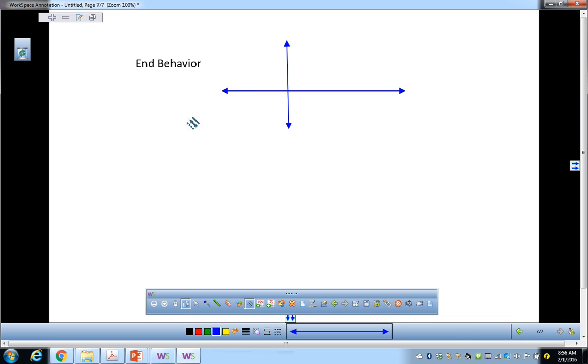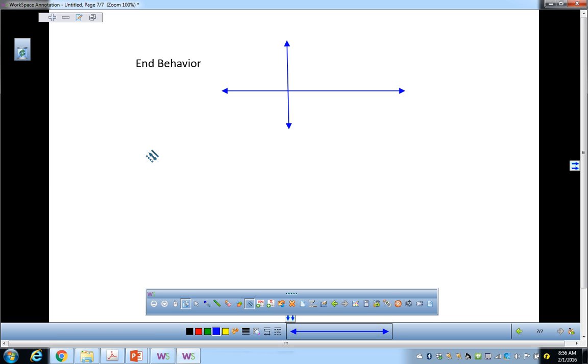It gives you a method for sketching the end parts of a polynomial function. So, for instance, if I want to know what x to the fifth is doing down this way and up this way, or what a polynomial of degree 6 is doing at its endpoints, that's what end behavior is.